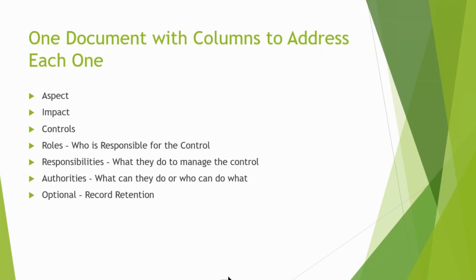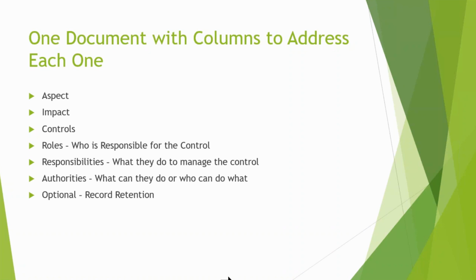So how could we address those documentation requirements? Let's look at what would be page 2 of our EMS system. We could create a document with columns to address each one. Think in terms of columns and rows.